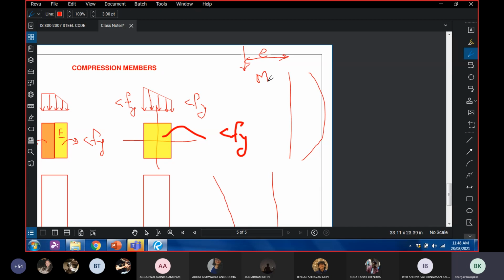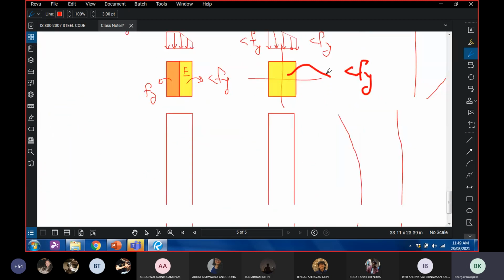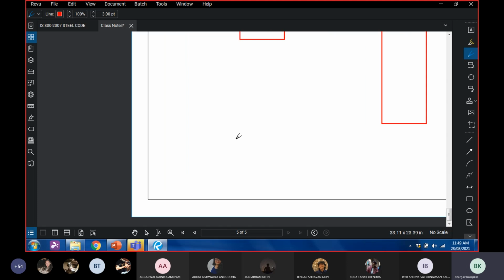If the lateral load is so much more than the vertical load that it just knocks the column over, is that a form of buckling, or is that just the column falling over? Okay, it is not necessary that under this moment the column would buckle. Now I understand your question.